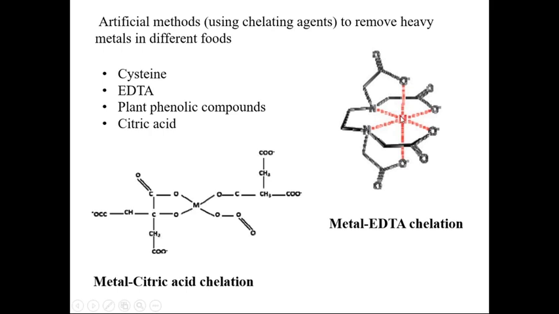So you see here you have a metal. So the metal is chelated by the tetraacetic acid of EDTA. You have citric acid. So citric acid also can chelate metals, and plant phenolic compounds such as the tannins, etc., also are used to remove the heavy metals in different foods.